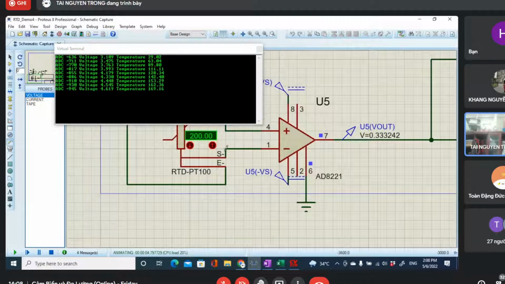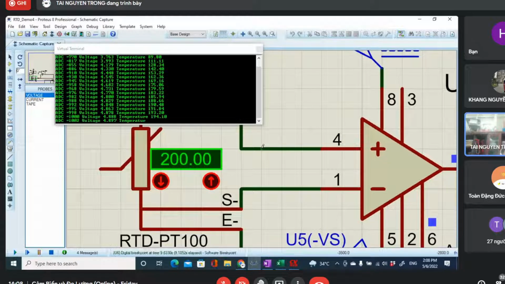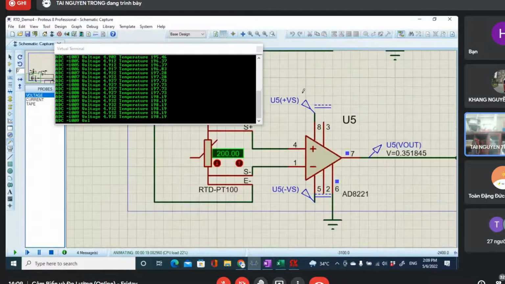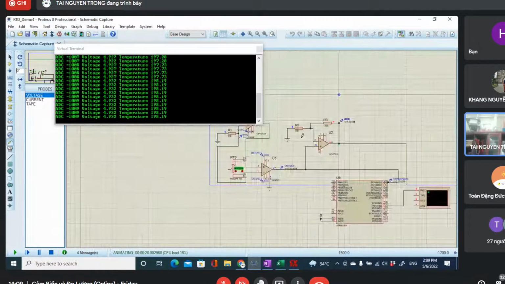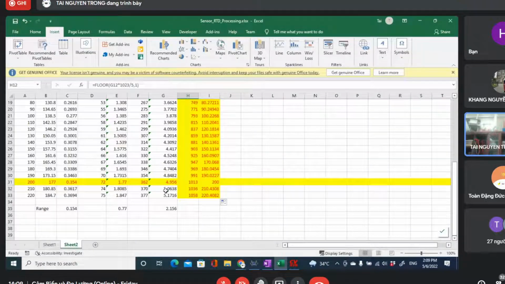Okay, and here the value of temperature. Okay, and here is the result. Let's check again for request.